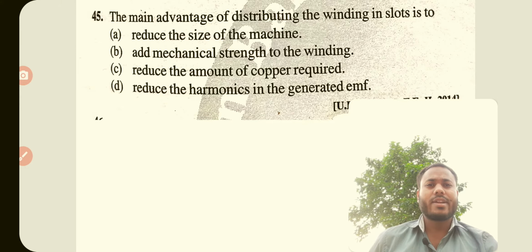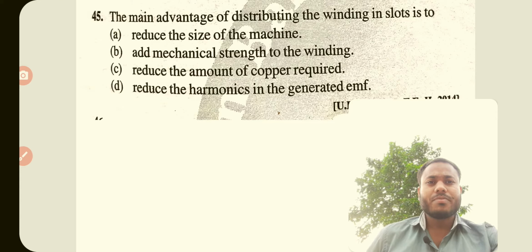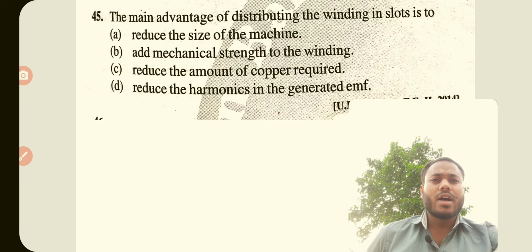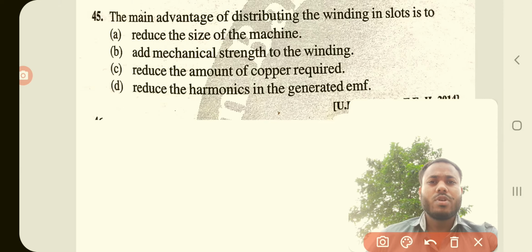So what is the right answer? The advantage of distributing the winding in slots is to reduce the harmonics in the generated EMF. So the right answer is D.